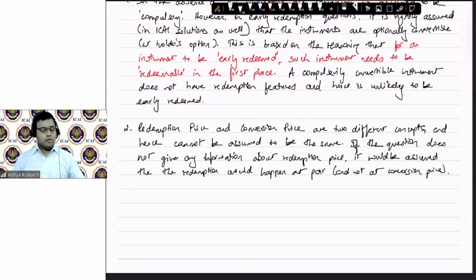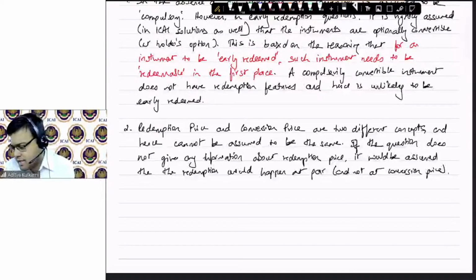So these are two things which we have based our solutions on. Both of them make sense. The institute has done it right. So you can just take a note of this. All right, so Kaushiki's query is done.